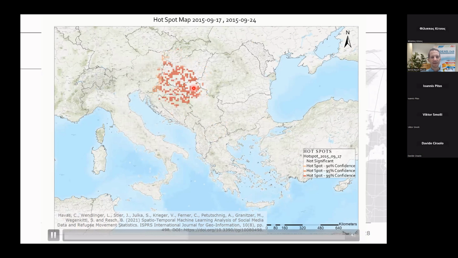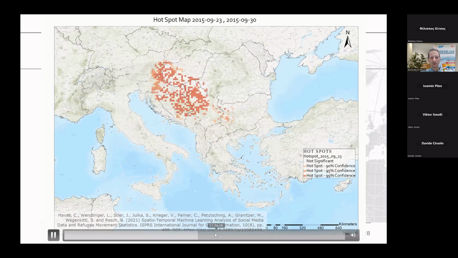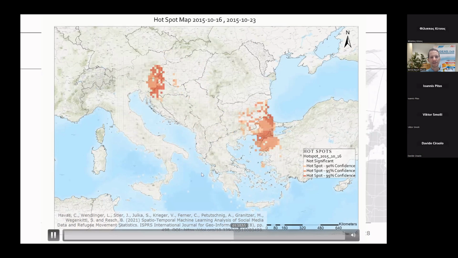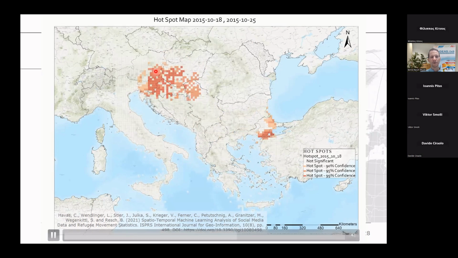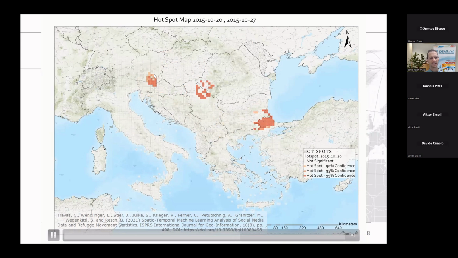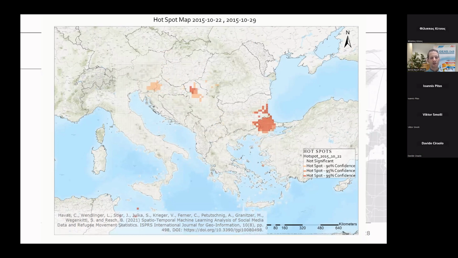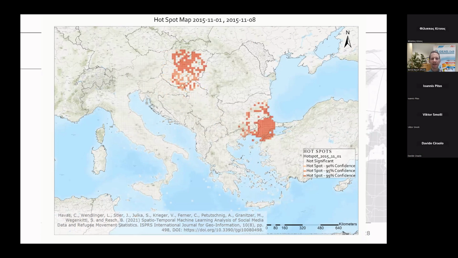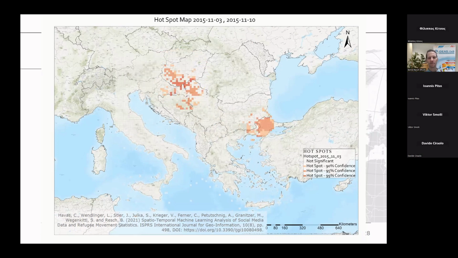So people in the end took a detour through Slovenia and into Austria through the southern border, which we see again towards the later stages of this time series. So if we take a look at the use cases, it's always the same. The idea is we take a look into a remote situation without actually having to be there, but still getting a very good idea of what's happening.